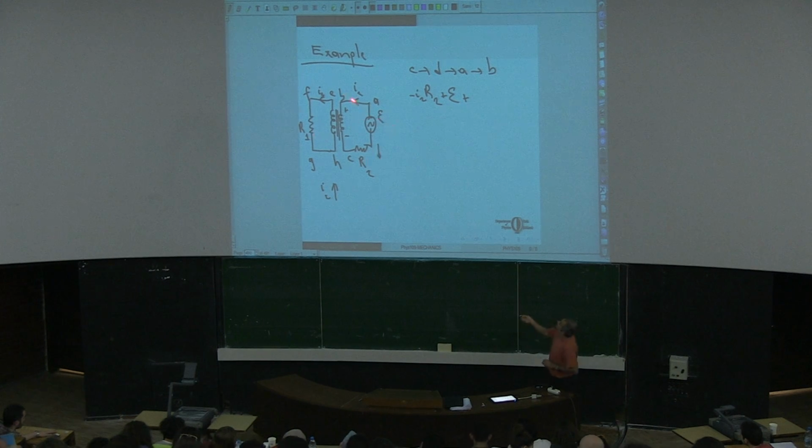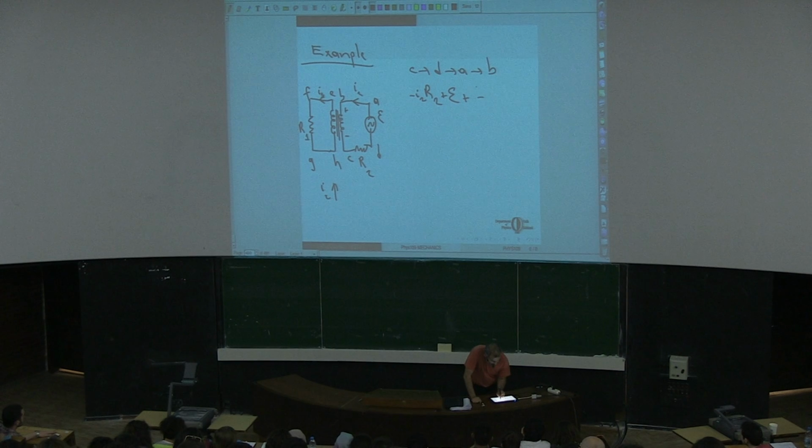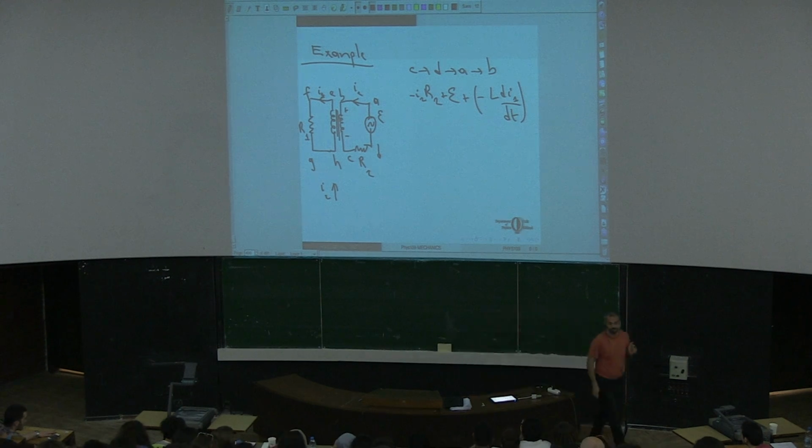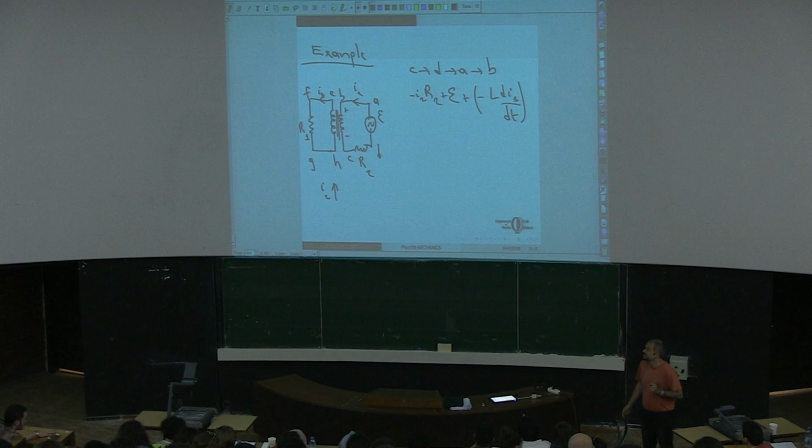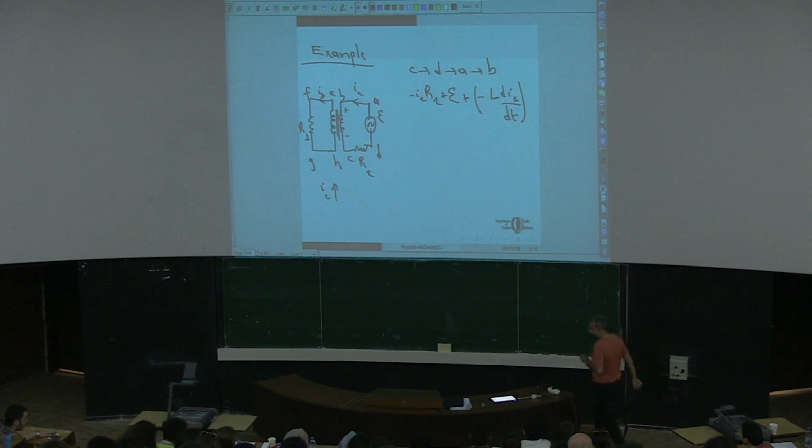So as we go from B to C, the energy gain will be minus L di1 by dt. This is one contribution to the energy gain. Now the problem is, this is I2, this is I2.